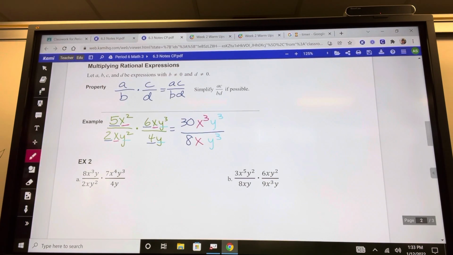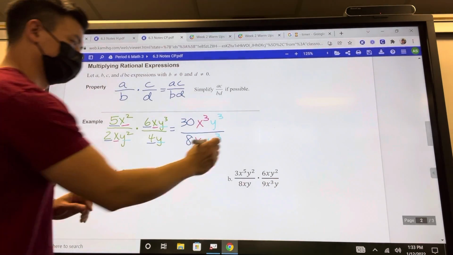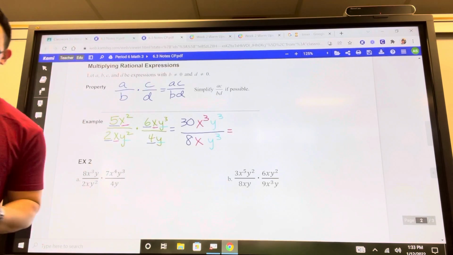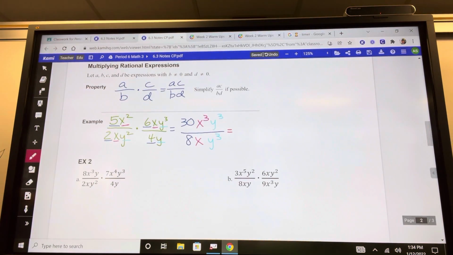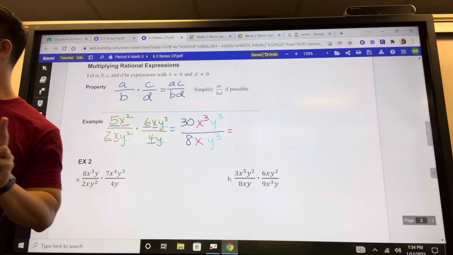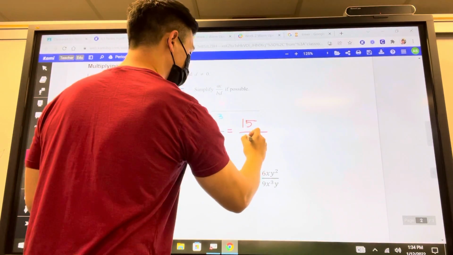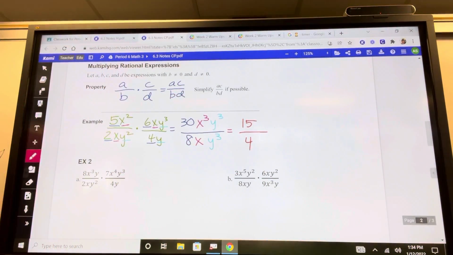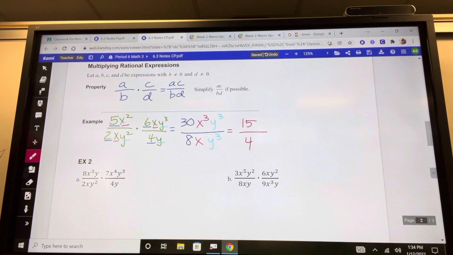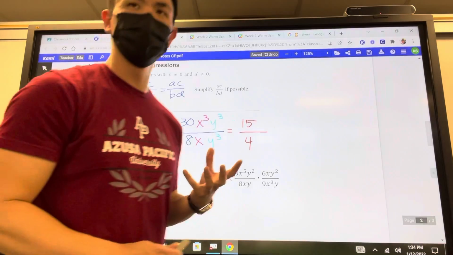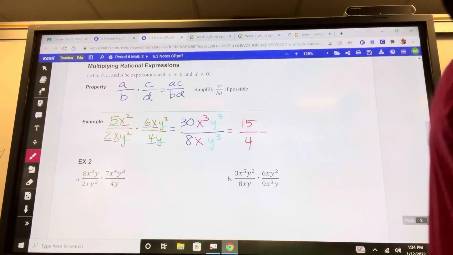If I simplify 30 over 8, can I reduce my fraction here? These are both divisible by 2. So I get 15 over 4. Does that make sense? If you need help simplifying your fractions, Desmos does it for you, so you're more than welcome to use that.